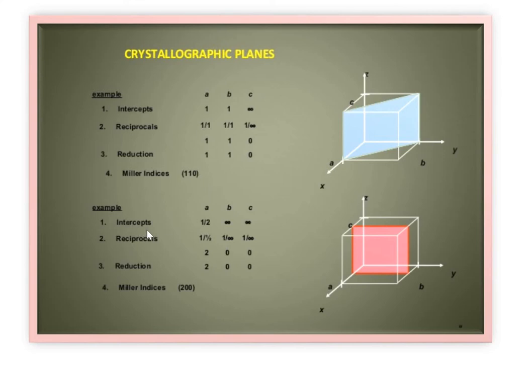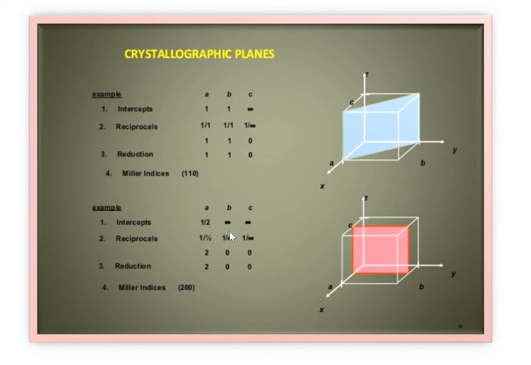Likewise, take the second example. Take this plane. Now, this plane intercepts at a equal to 1/2. B is parallel, so infinity, and c is also parallel, so infinity. That means this plane is parallel to the y-axis and z-axis.